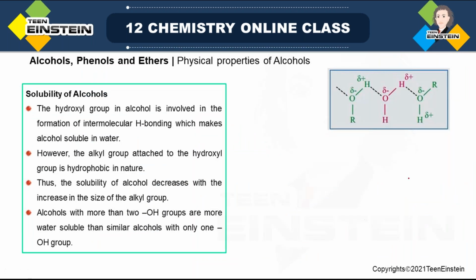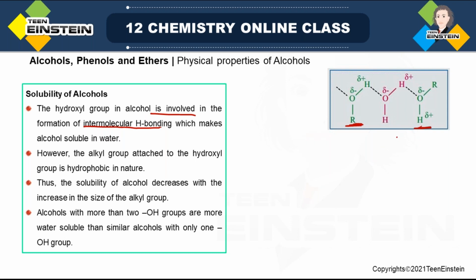After acidity, next is solubility of alcohol. The hydroxyl groups in alcohol are involved in the formation of intermolecular hydrogen bonding. That is hydrogen bonding between two different molecules. So in this picture, we have this green color, that is ROH, and in between there are also water molecules.